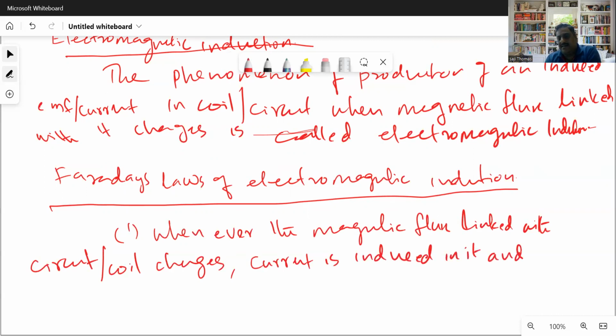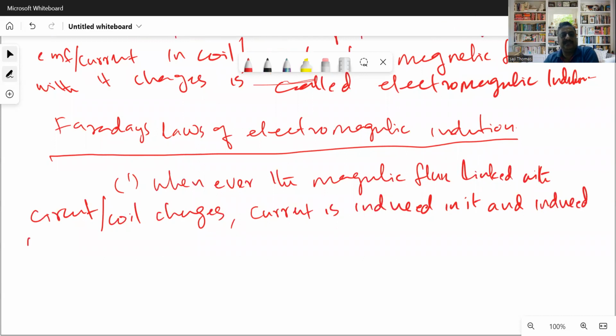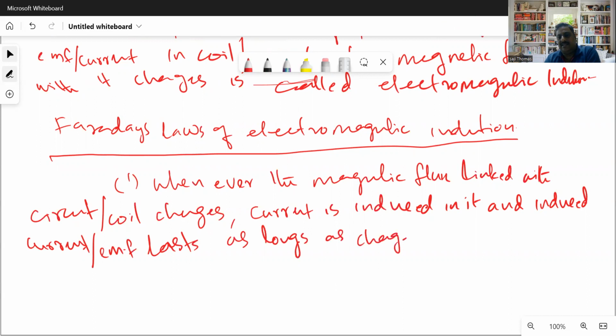And induced current or EMF lasts as long as change in magnetic flux takes place.